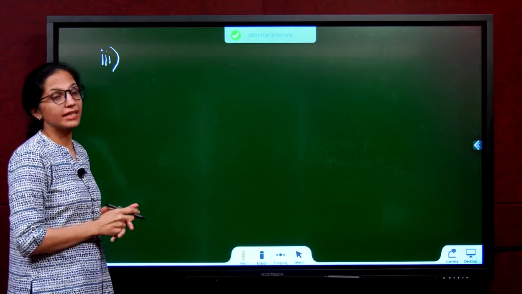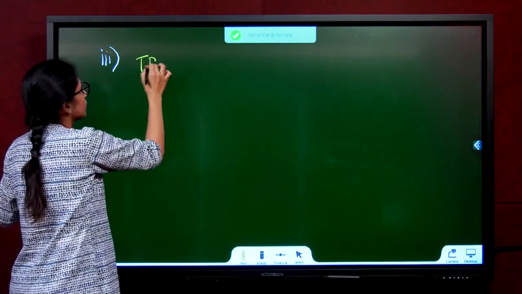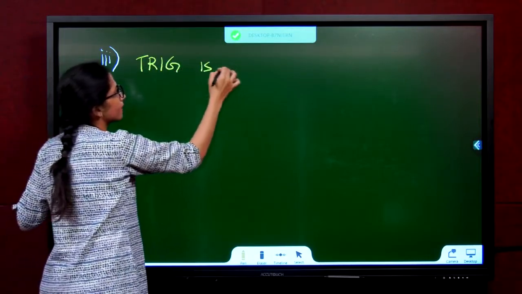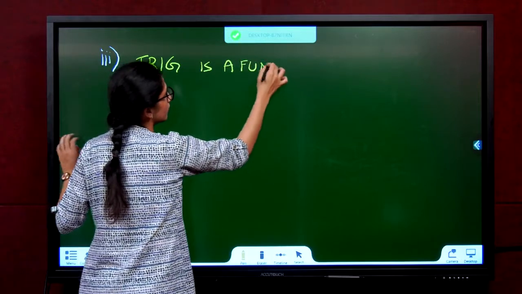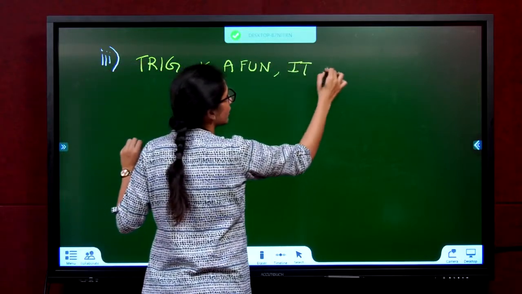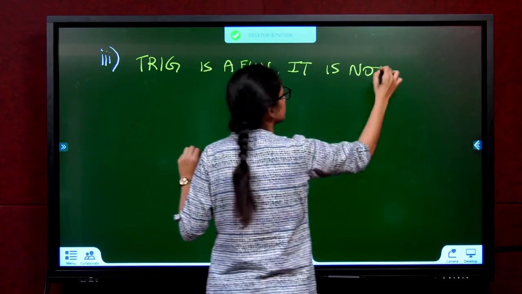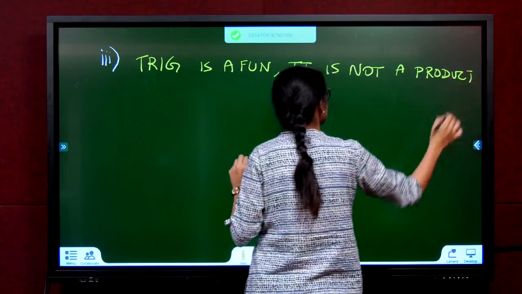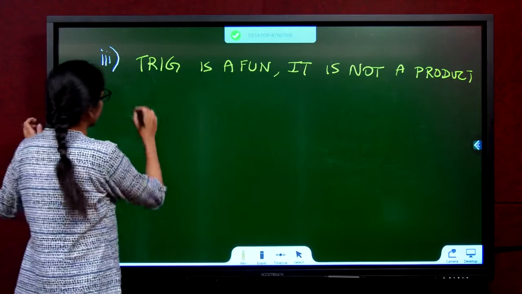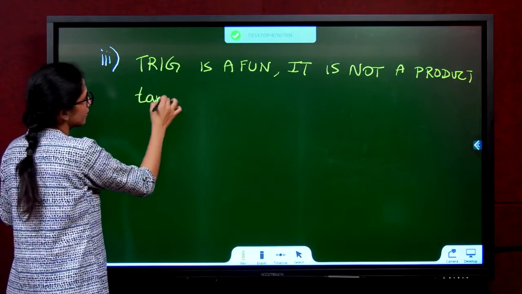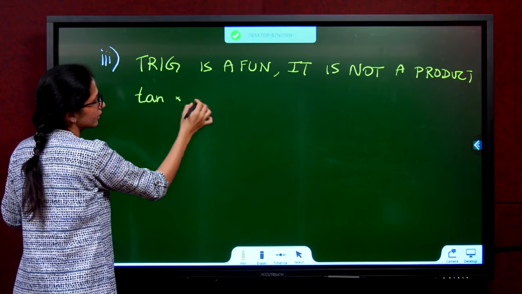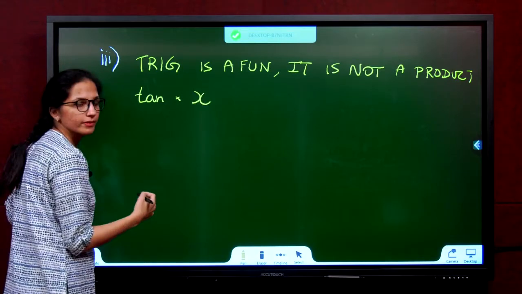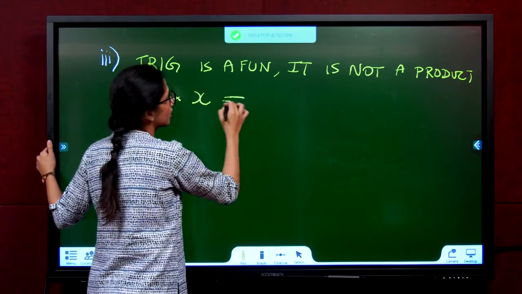Important. Next note. Trigonometry is a function. It is not a product. That means tan x, or tan of x, is not tan into x. It is not the same.